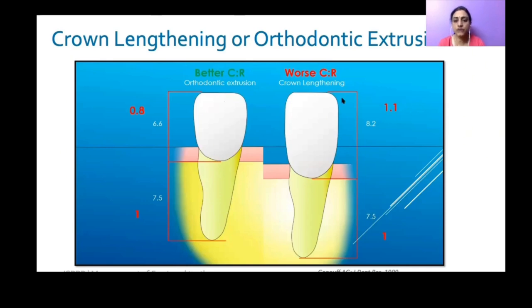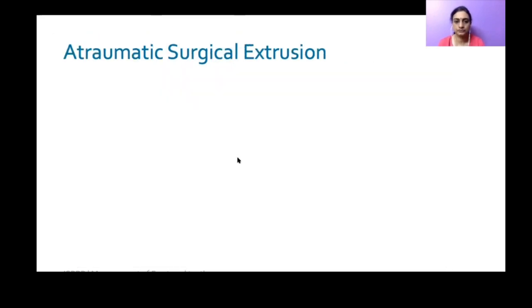Whereas in case of crown lengthening, the root has been exposed because of reduction in the bone height. And here also the root length has decreased, but crown length has increased, resulting in an unfavorable crown root ratio. Therefore, in cases of very long crowns, it is better to go for orthodontic extrusion.